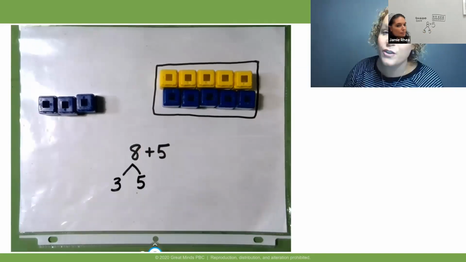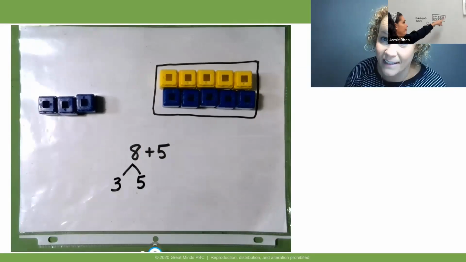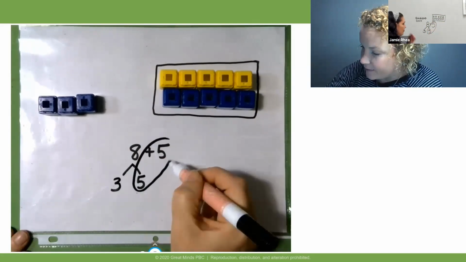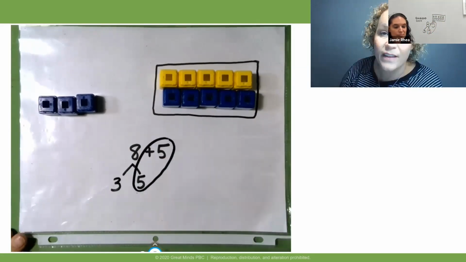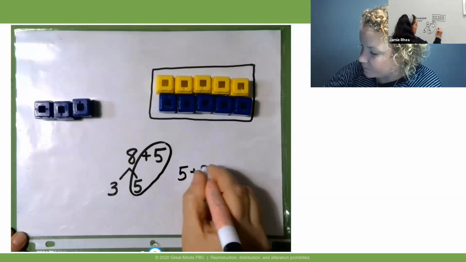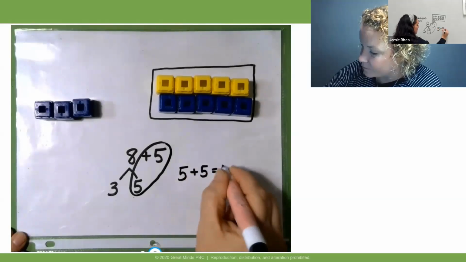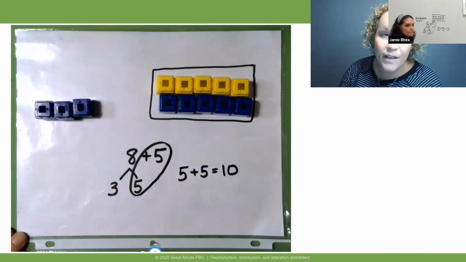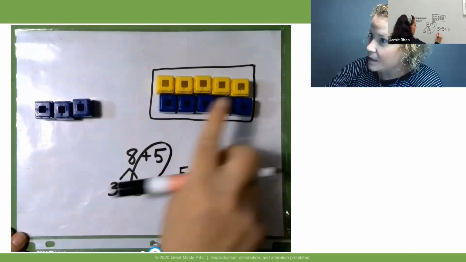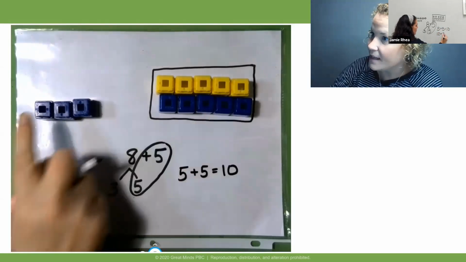Then we drew a frame around the friendly number 10. So let's group our 5 and 5 together to show that that makes 10. Then we did 10 plus 3 makes 13.